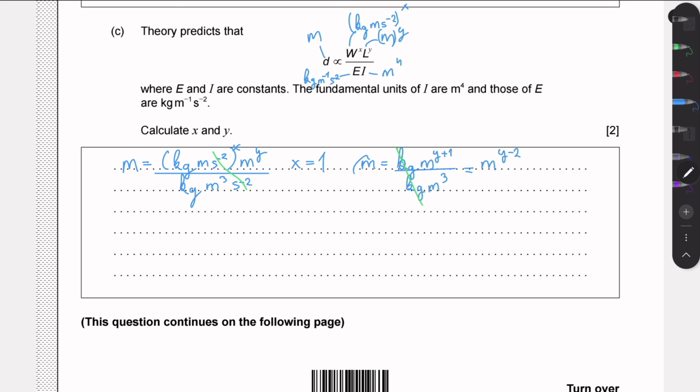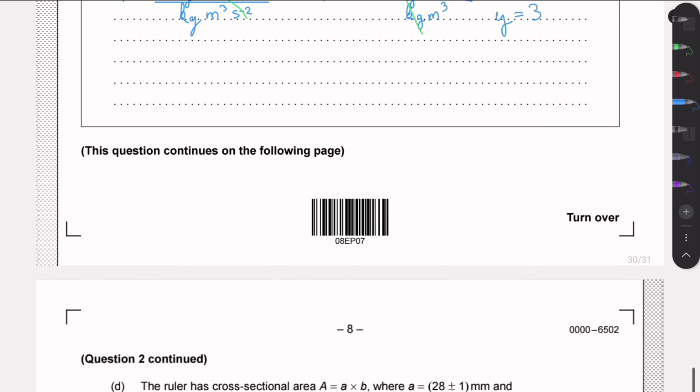The exponents obviously have to be the same, so we want m to the first power here, so y is equal to 3, obviously. 3 minus 2 is going to be this one over here. So that's how we can calculate the deflection, and this deflection will be proportional to this value.